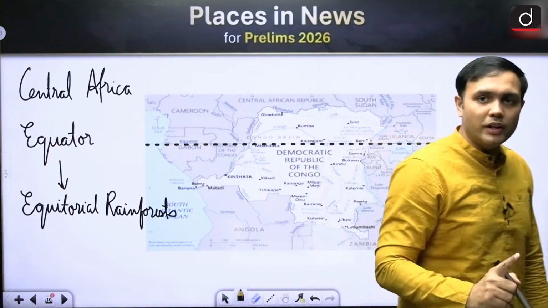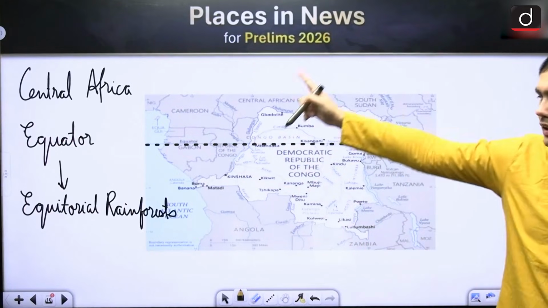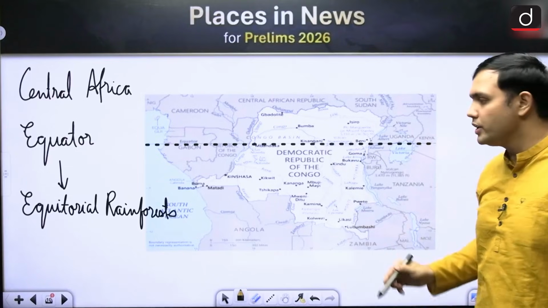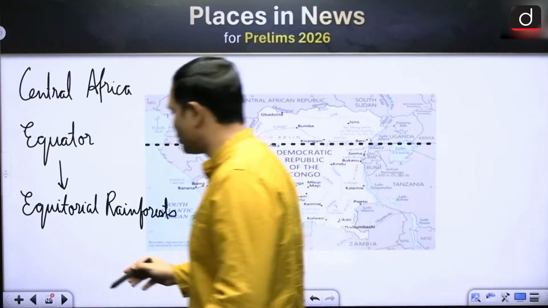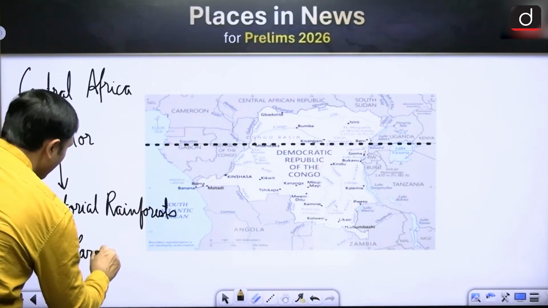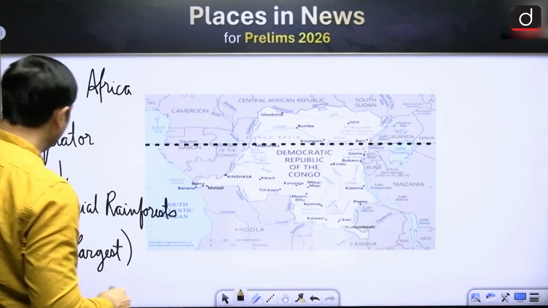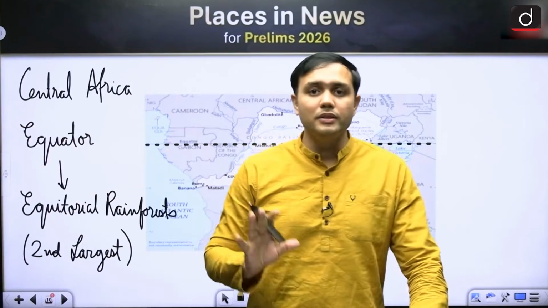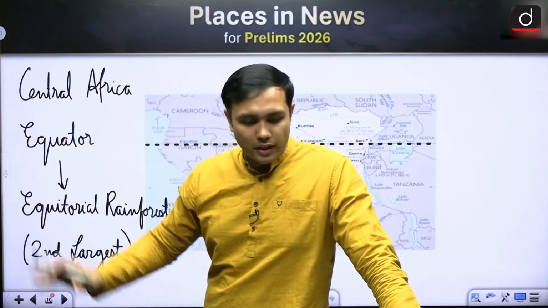Because after Amazon, this particular area has the second largest equatorial rainforest. This is the second largest equatorial rainforest after Amazon, right? So it is not the largest, but it is the second largest.